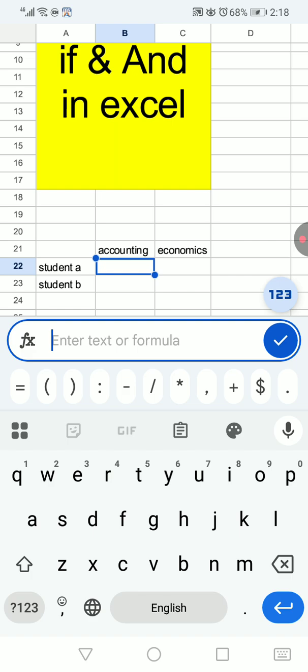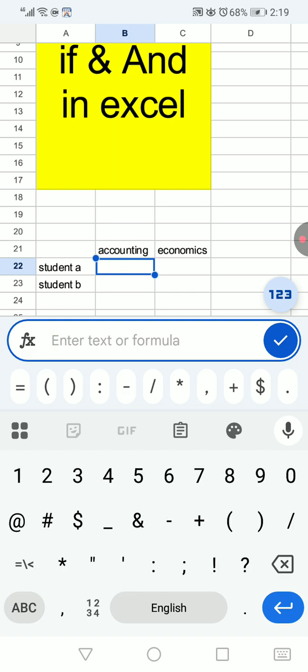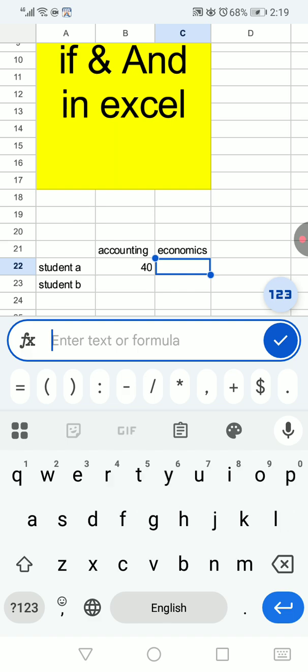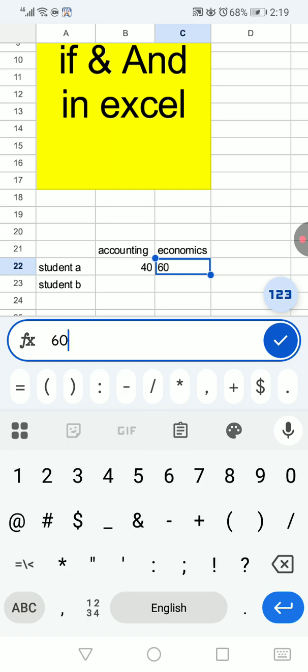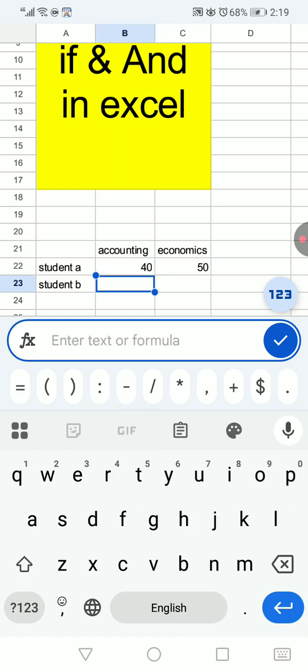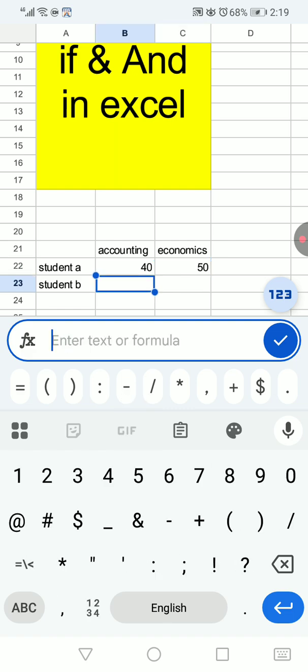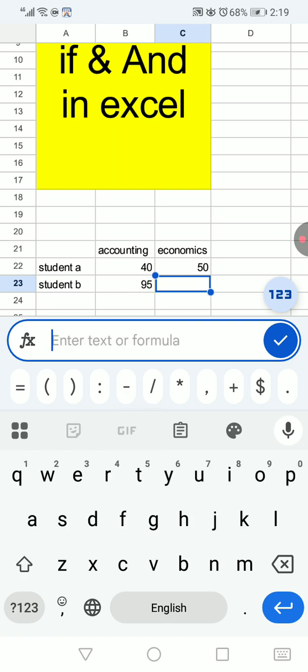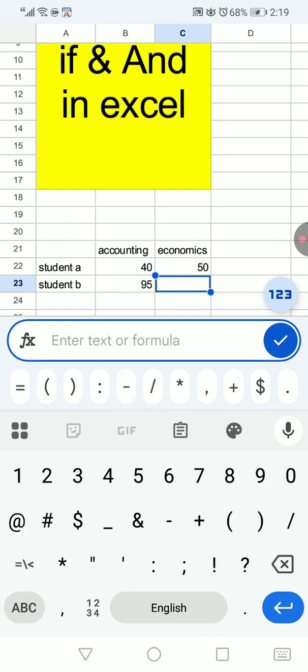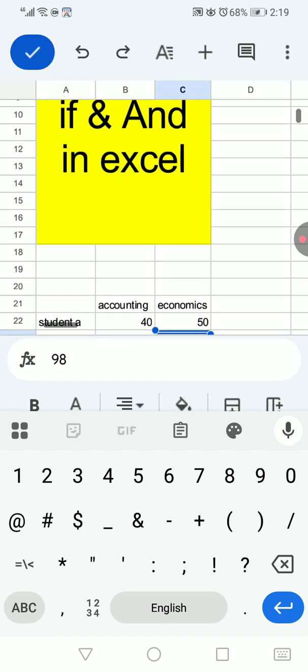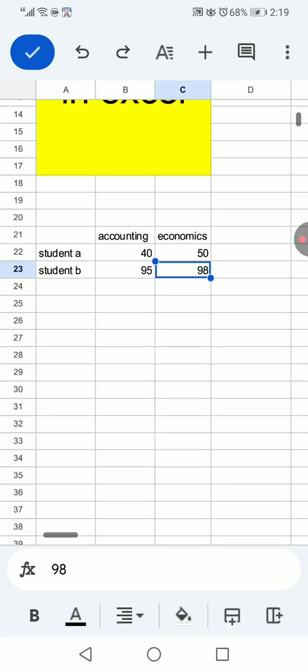Let's say in accounting, first student has taken 40 marks, in economics 50 marks, while student B has taken 95 marks in accounting and 98 marks in economics. As you can see, both students are different. One student is below average and the second student has good grades.